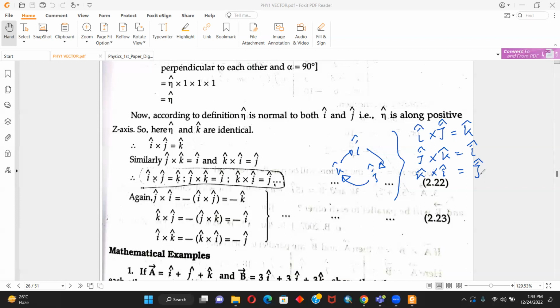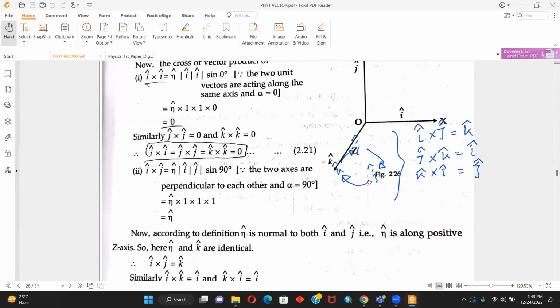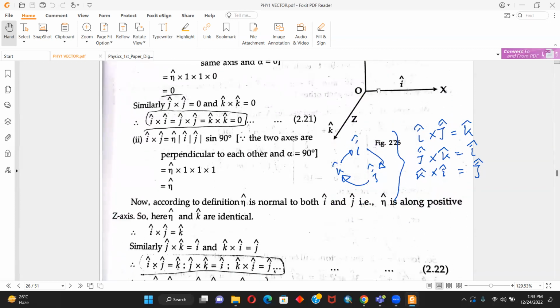Now, what is the significance behind this? As we said previously, if we take I cross j, we are getting the eta cap. Eta cap is the resultant, right? Because the others' value is 1. Unit vector means the magnitude of I, j, and k is all 1.